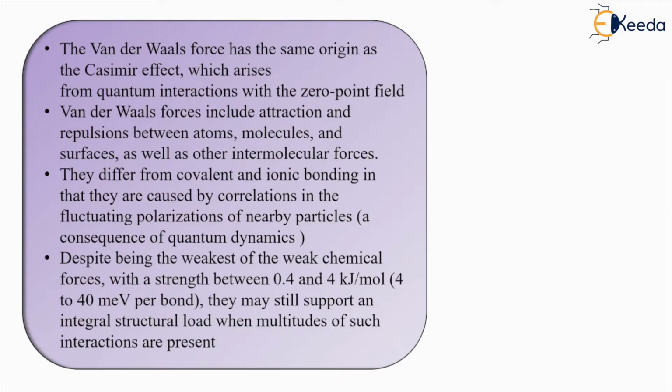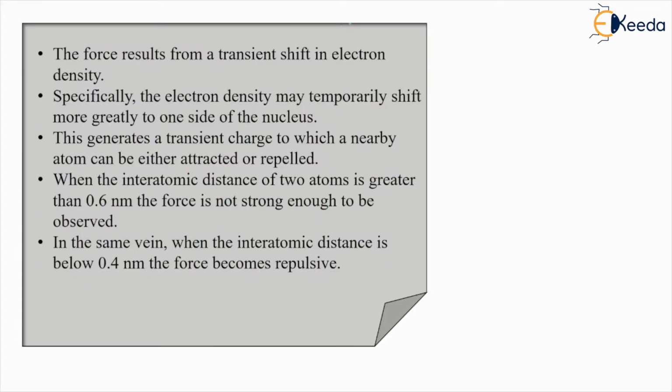That means if I do not have a single bond, but I have a group of bonds, I have a cluster of van der Waals forces, then those van der Waals forces unite together, come together, and they form a proper bond. The force results from transient shift in electron density. Specifically, the electron density may temporarily shift more greatly to one side of the nucleus.